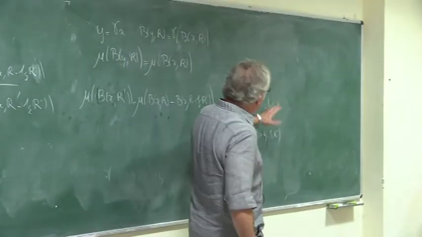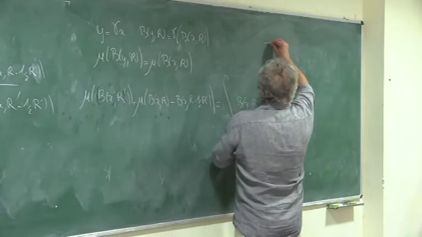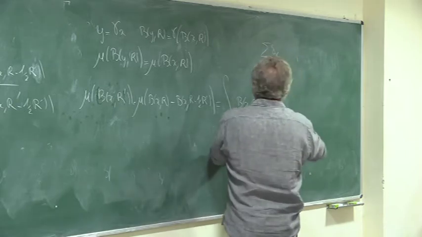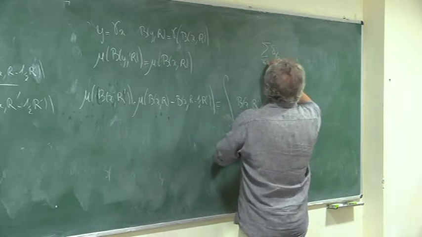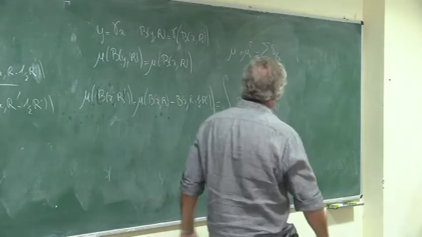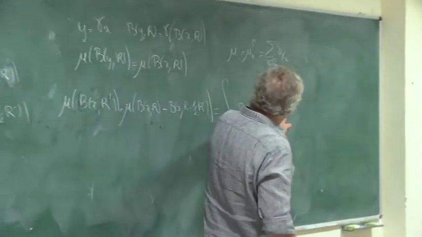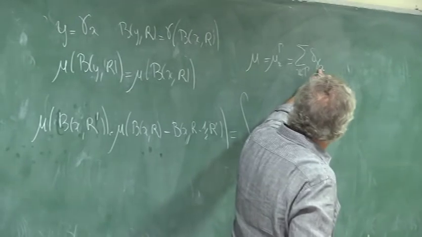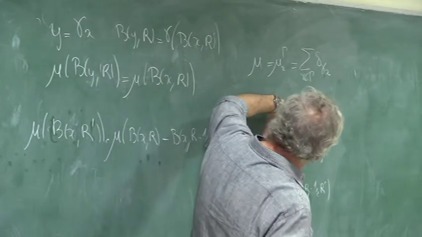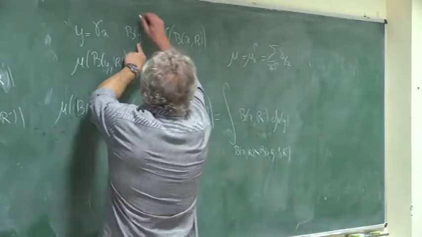But now, this is a subtle point. This measure here is the sum of the Dirac masses at x, the measure mu, since I decided to call it mu, this counting measure on the orbit. So in this integral, the only y that count are points on the orbit gamma of x. But for points on the orbit, this ball is isometric to the ball on gamma x.